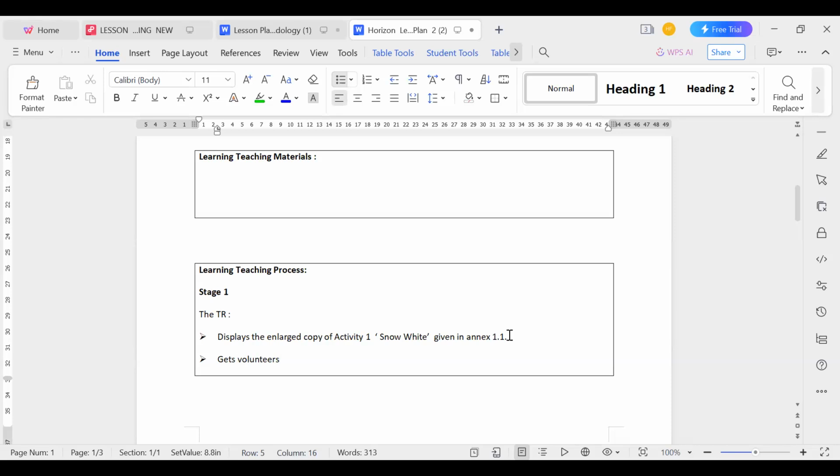It is a whole class activity promoting volunteers. So the teacher gets volunteers, those who are willing, to pick questions and do the answers on the board.